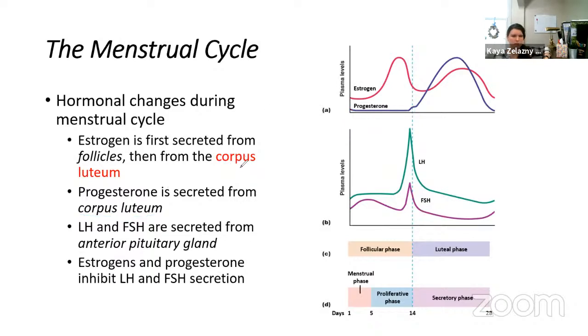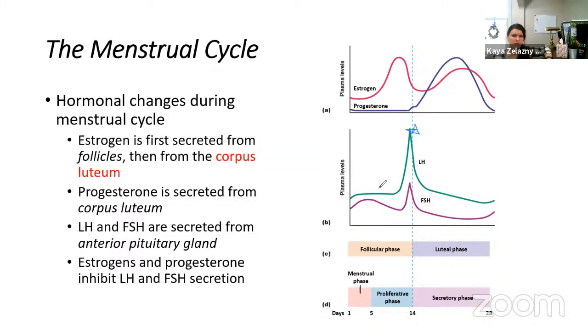We're also going to want to pay attention to LH and FSH, which don't come from the ovary themselves, but from circulating blood flow. They're important for triggering these events, specifically for triggering ovulation. So here we see our LH surge.